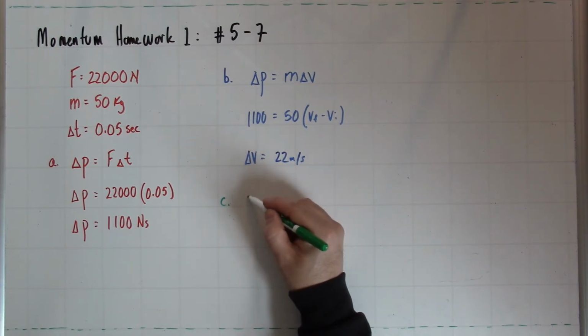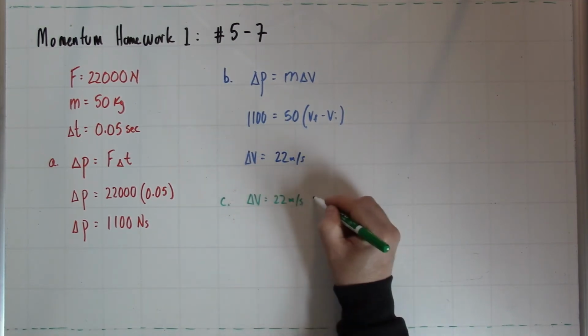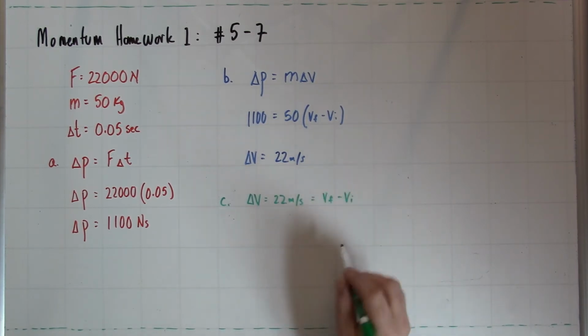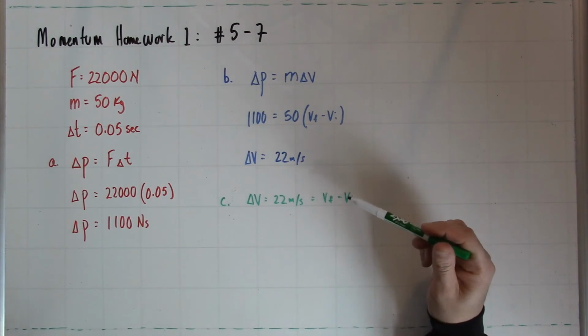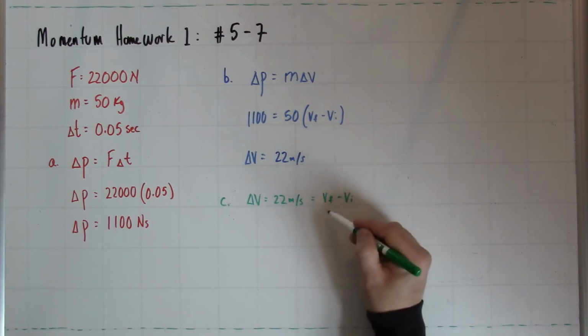So basically, if our change in velocity is equal to 22 meters per second, I know that that's the V final minus the V initial. Now, in this case, because the climber is falling and then coming to a stop, the V initial is how fast they were moving before the rope caught them, and the V final is 0.